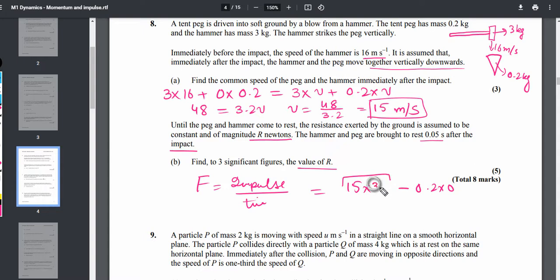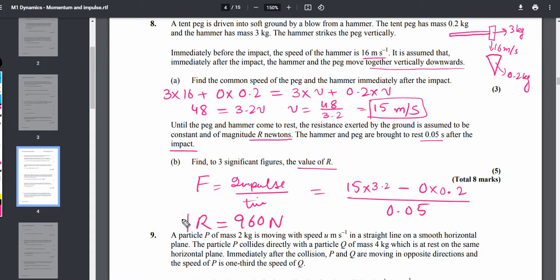So it will be 15 times 3.2 minus 0 times 3.2, whole divided by the time for which they are coming down, that is 0.05. Now I'll solve it and I'll get the force, which is 960 newtons. So the value of R is 960 newtons.